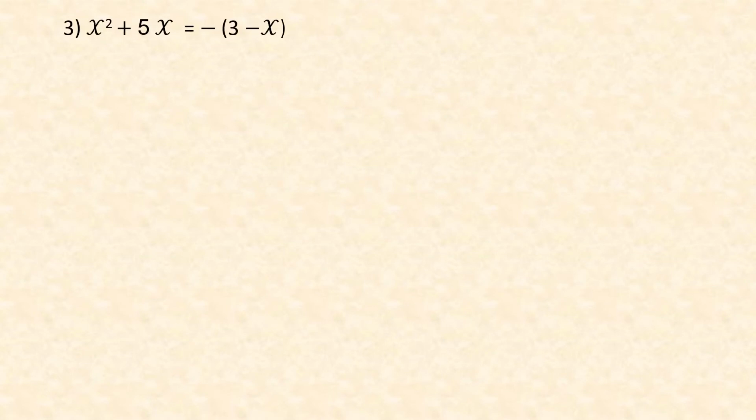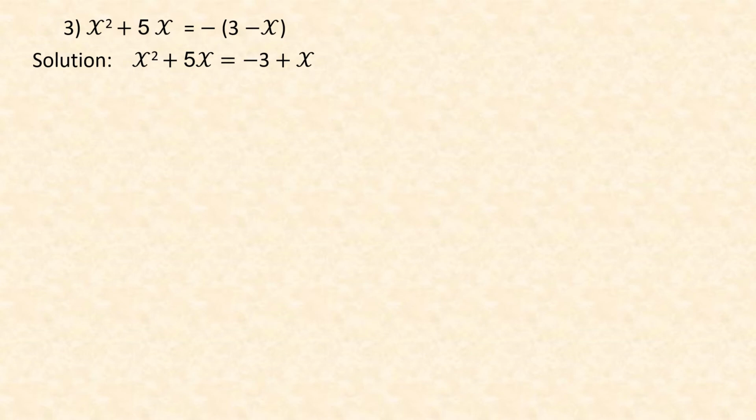Third example, x square plus 5x is equal to minus into bracket 3 minus x. First we solve the bracket. X square plus 5x is equal to minus 3 plus x.